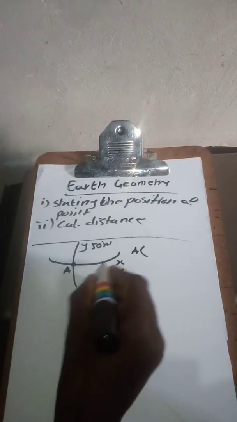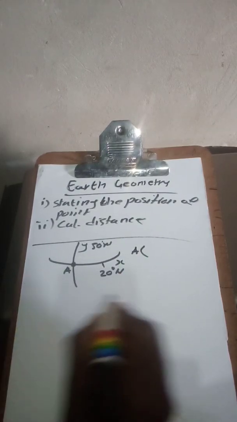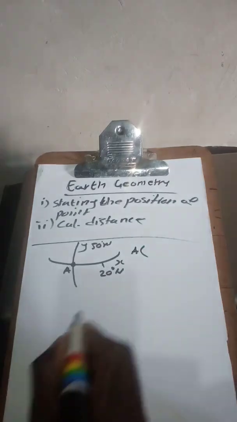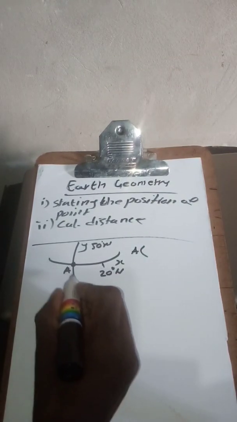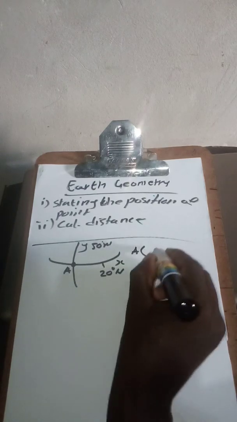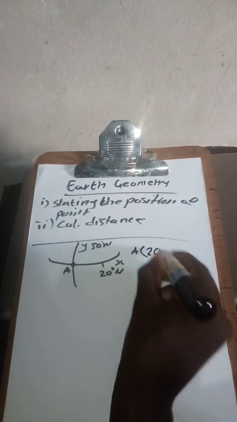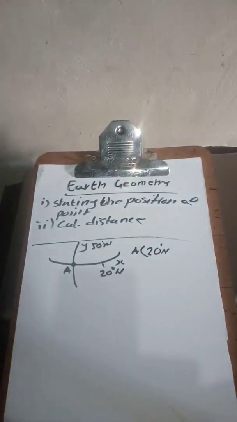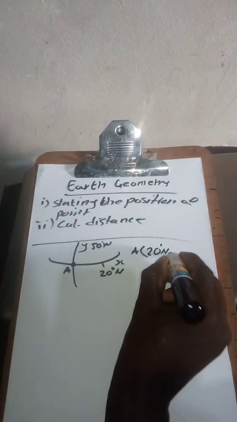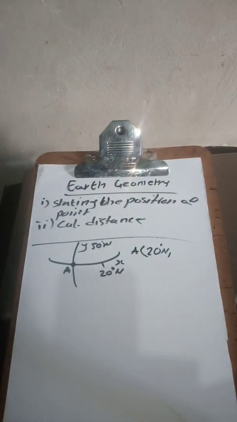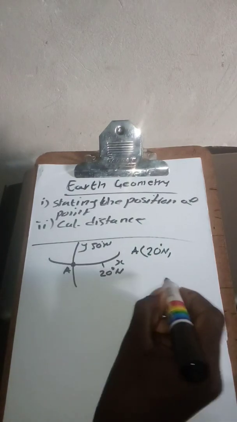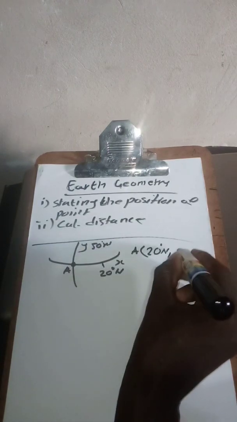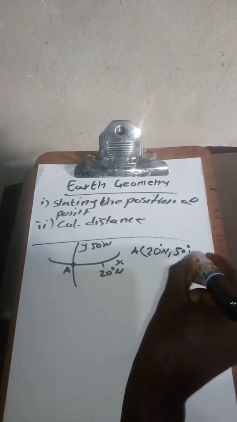The first position you put tells the person asking: on which latitude is this point A lying? Of course it's latitude 20 degrees north. Don't just write 20 degrees, put the north, because there are a lot of latitudes that you can be given, so you need to be specific and say it's 20 degrees north. Then for the longitude, it is also lying on longitude 50 degrees west.